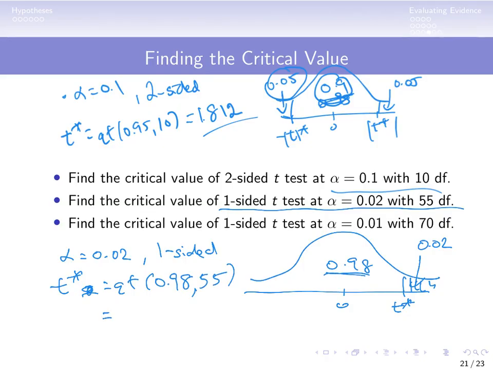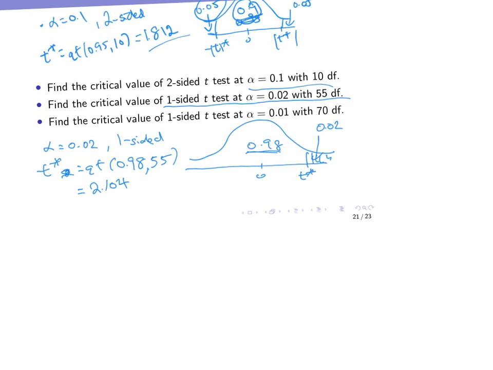If you work this out, it's 2.104. So that's the critical value in that example. With the last example, you can work on it on your own a little bit. You should be typing qt of 0.99, comma 70, which gives 2.381. Okay, so these are just some worked examples on how to find the critical value.